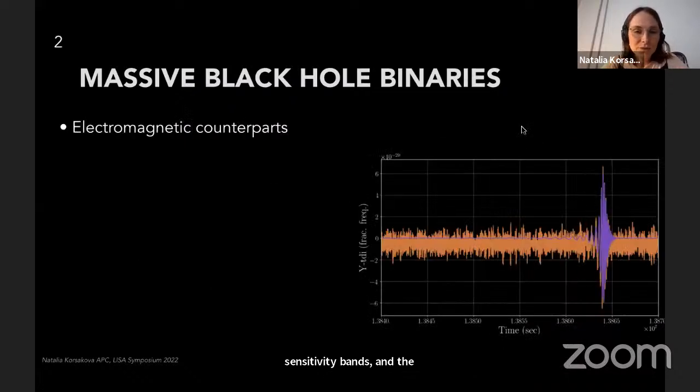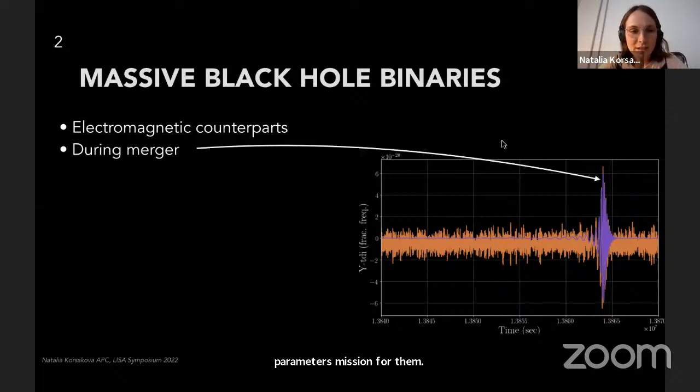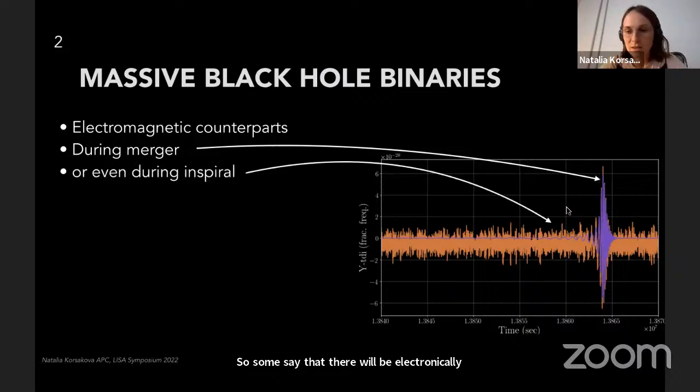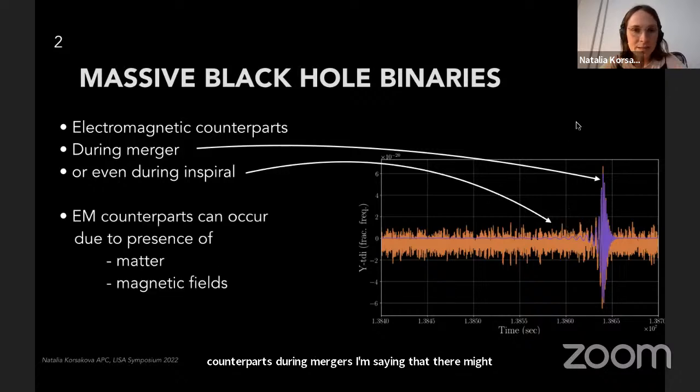The important reason we want fast parameter estimation for them is that many studies predict electromagnetic counterparts, some during merger, some even during the inspiral phase. There are different theories that they might be due to matter or the presence of magnetic fields. But what is important for us is that if we want simultaneous observation of gravitational waves and the electromagnetic signal, we want fast parameter estimation to predict, say, a sky localization for the signal.